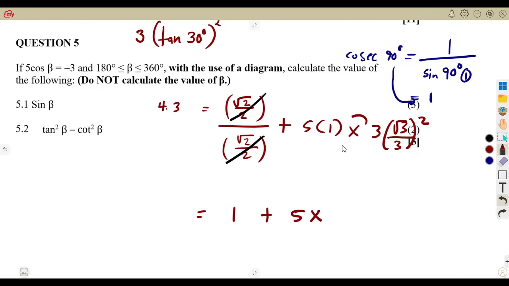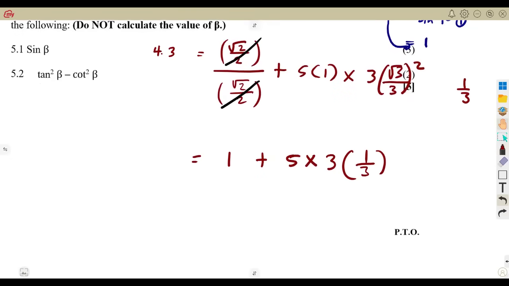Then there's a multiplication here. This one, the square root of 3 over 2 squared, you can even use your calculator there. That is going to give you 1 over 3. So you're multiplying 3 times 1 over 3, which is going to give us a 1. This 3 and this 3 cancel. That's a 1. So we are going to have 1 plus 5. 5 times 1 is 5.